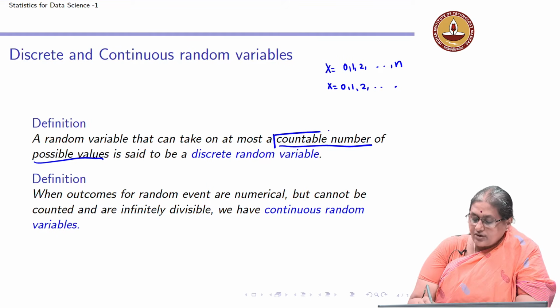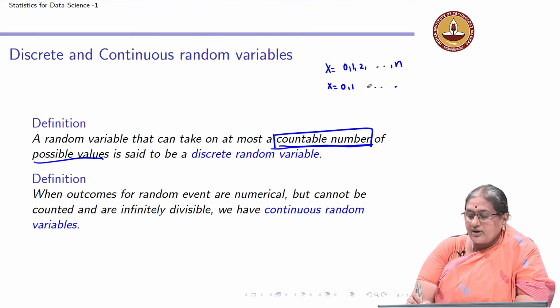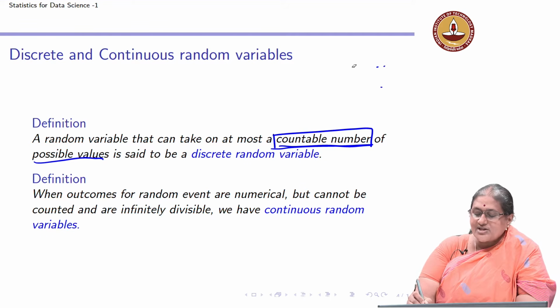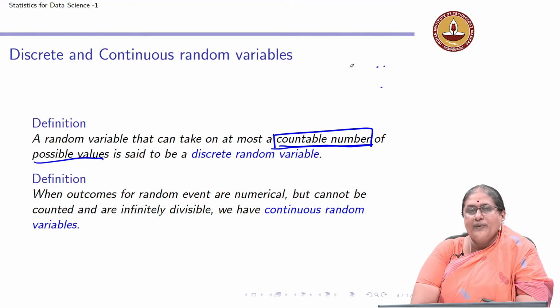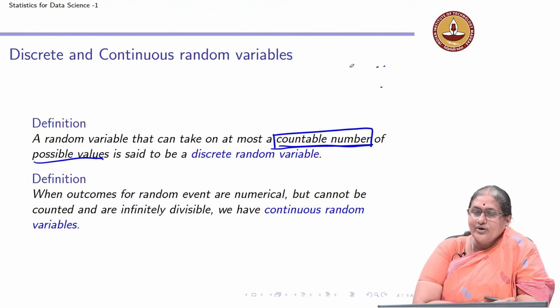The key thing to note is I can have a countable number of values. So whenever I am modeling counts, I look at discrete random variables. The most popular of them are binomial, Poisson, hypergeometric, geometric, and we also looked at a discrete uniform random variable.